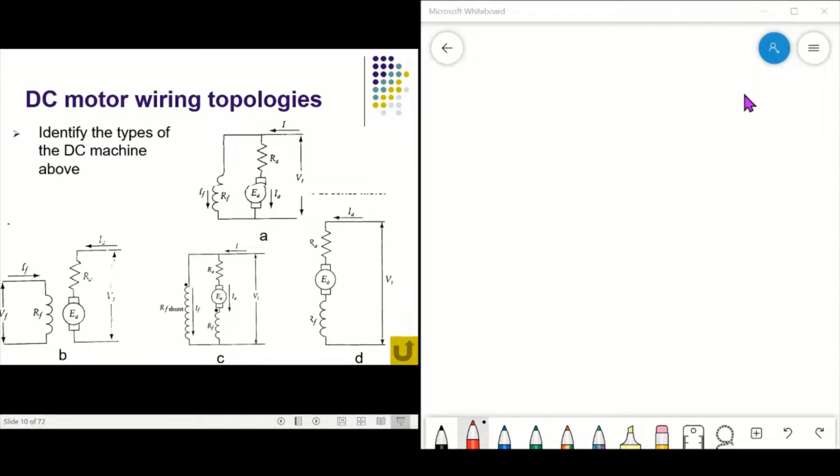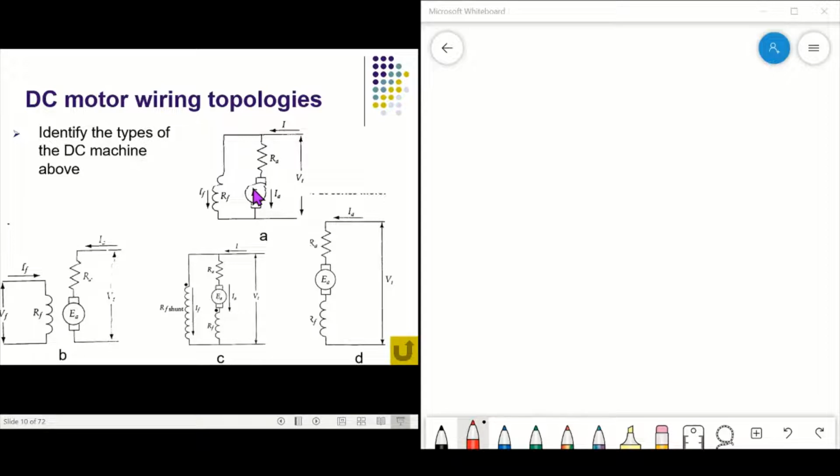Next we proceed to the wiring topologies of the DC motor. From here we can identify what type of DC motor it is. First, the armature circuit is represented by an ideal voltage source EA.